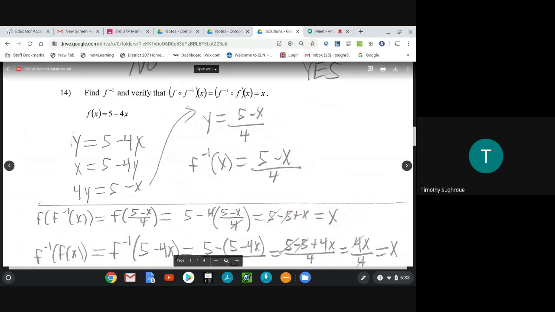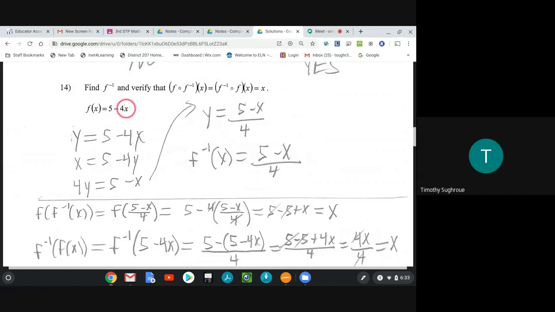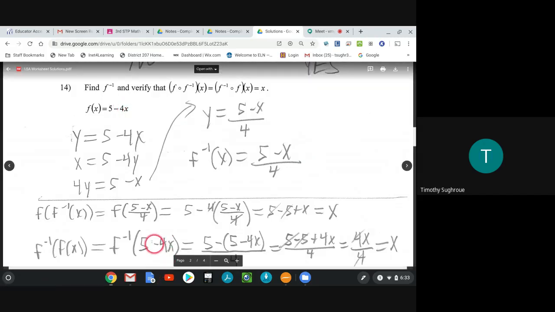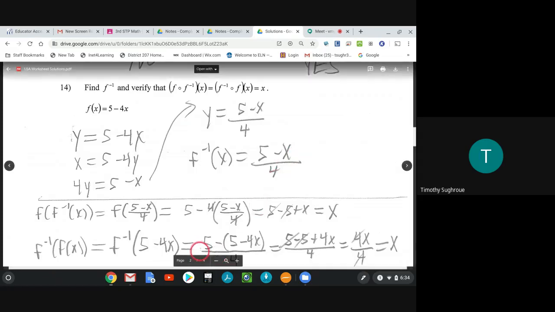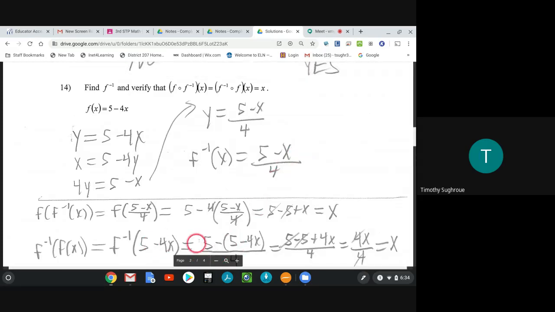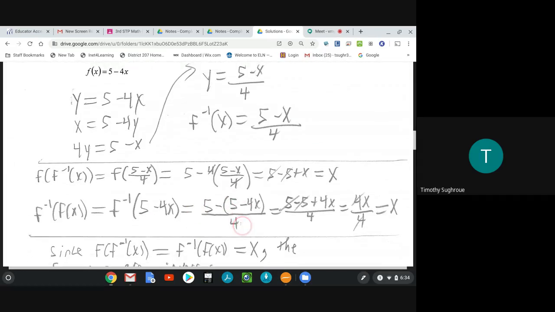Now we have to check the other composite. Take x, plug it into f. You get 5 minus 4x out. This now goes into our inverse function. The inverse function says take 5 minus whatever comes in and then divide by 4. 5 minus this is coming in, and then divide that difference by 4.